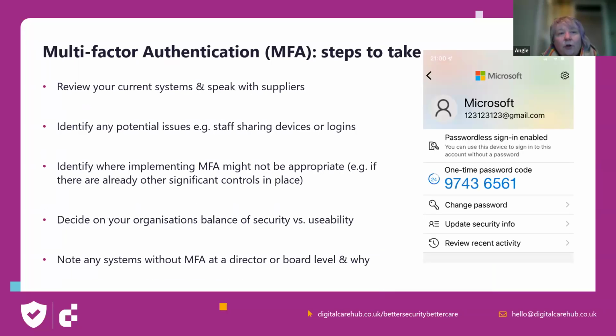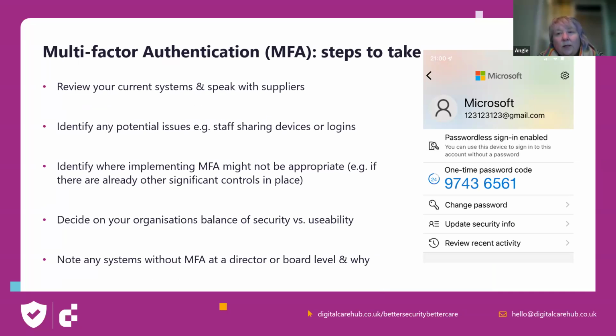So review your current systems and speak to your suppliers. What you want to do is identify any potential issues. So is there staff sharing devices or logins? Identify where implementing MFA might not be appropriate, e.g. if there are already other significant controls in place. Decide on your organisation's balance of security versus usability.